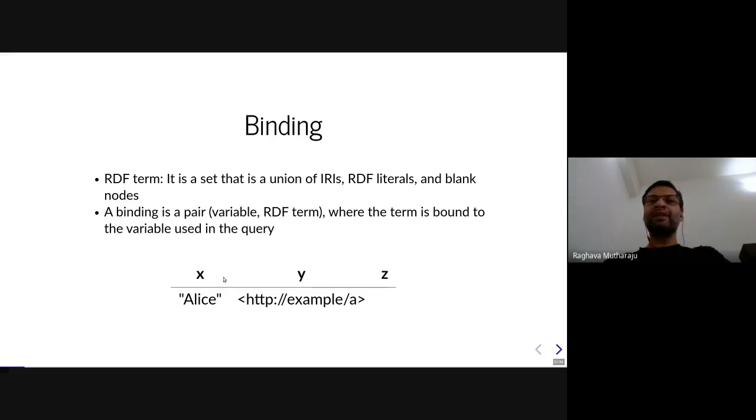It can refer to anything. X can be subject, predicate, or object. It doesn't matter, but it's a binding that happens whenever the pattern is matched with a subgraph. You represent a binding as a pair: the variable and the RDF term. An RDF term can be, like I said earlier, an IRI, a literal, or a blank node. We haven't discussed what a blank node is, but it's not required for this session. If you are interested, please do check what blank nodes are.